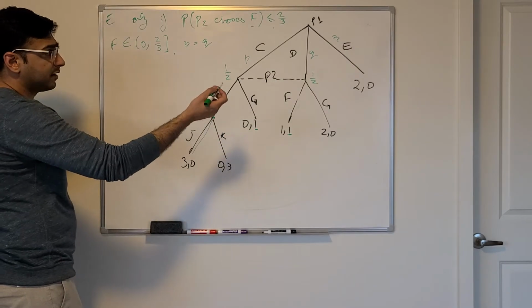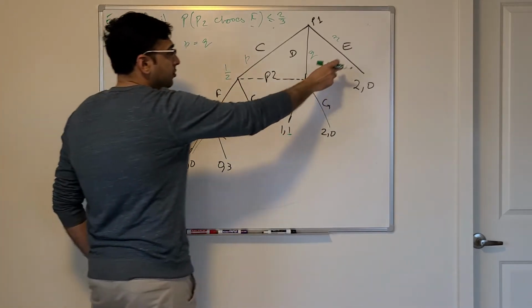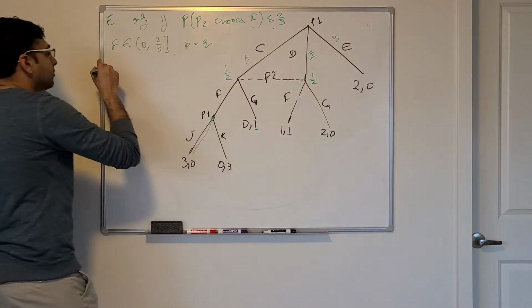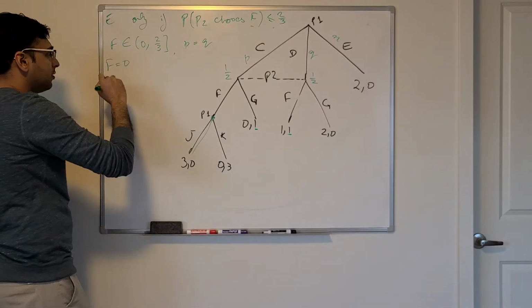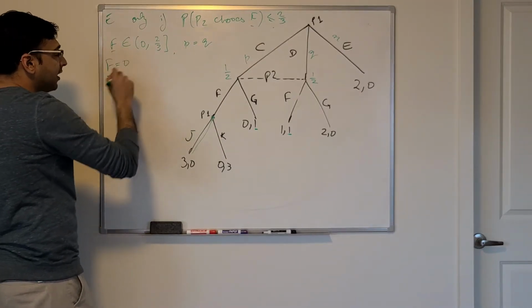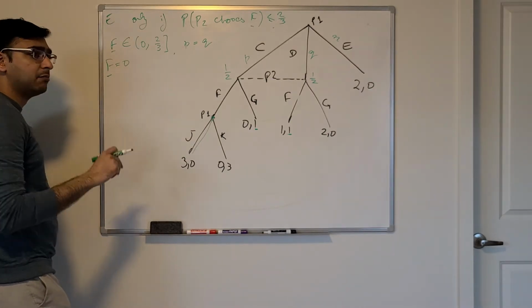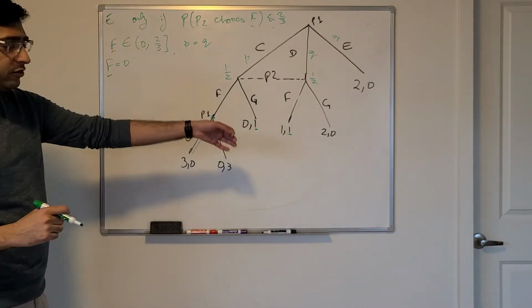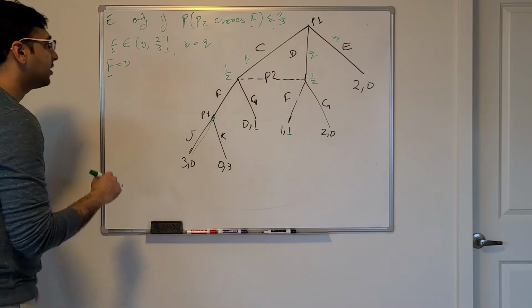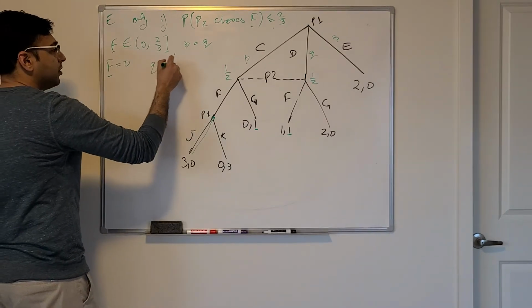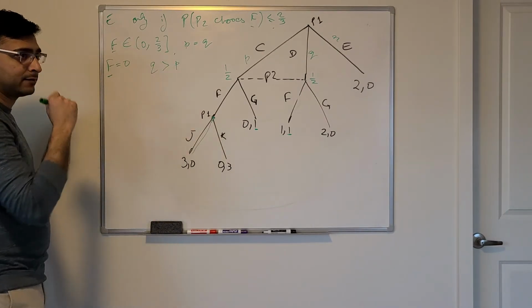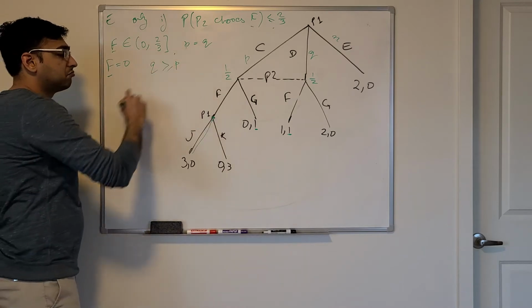Or alternatively, you could choose E if F is 0. If the probability of player 2 choosing F is equal to 0, then that means that player 2 is always choosing G, which simply requires Q to be greater than or equal to P, right?